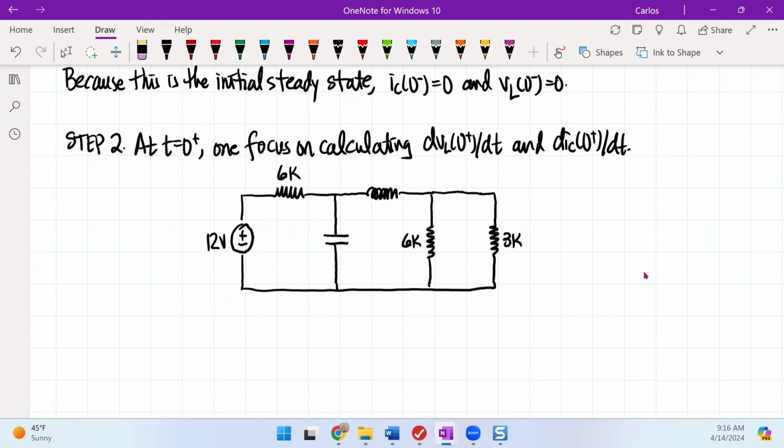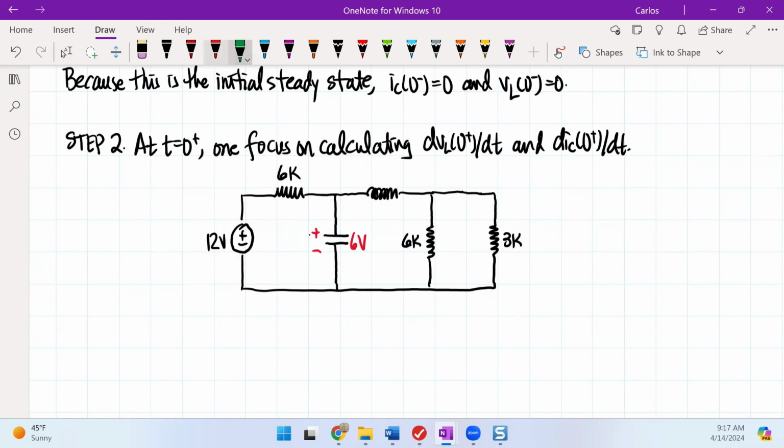So what do we know? We know that the voltage of the capacitor must be the same, so it has to remain 6 volts.